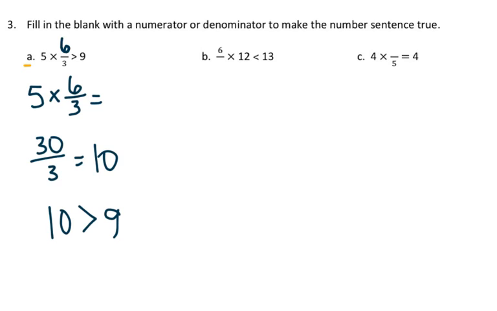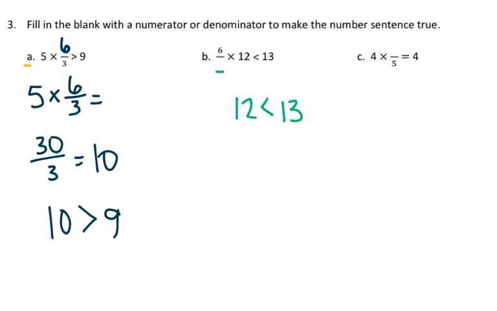So I'm going to do the same thinking with B here. I need to know 6 over blank times 12 is less than 13. So I do know that the whole number 12 is less than 13. So what fraction can I multiply 12 by to get the answer of 12? I know 12 times 1 is 12.